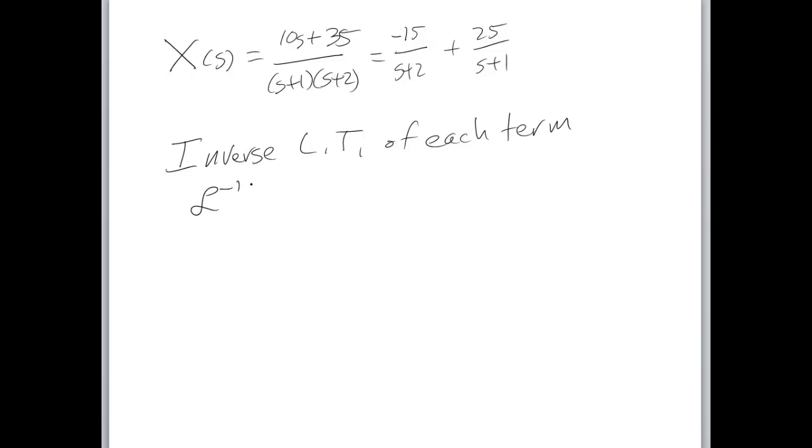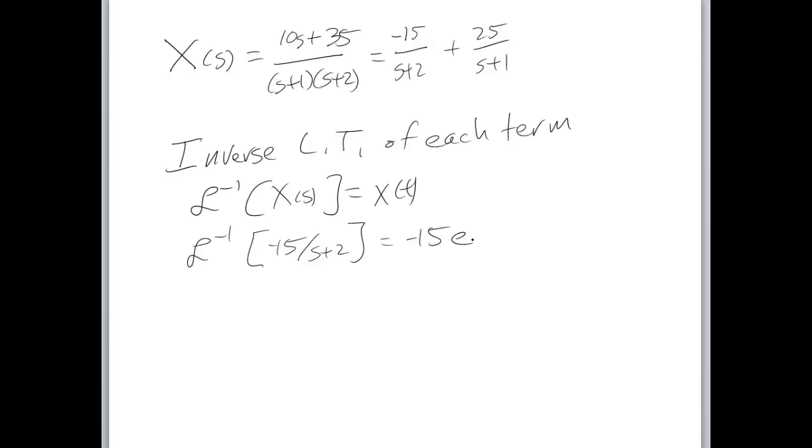Okay, so the inverse Laplace transform of X(s) is going to equal x in the time domain. The inverse Laplace transform of minus 15 divided by s plus 2 equals minus 15 e to the minus 2t.